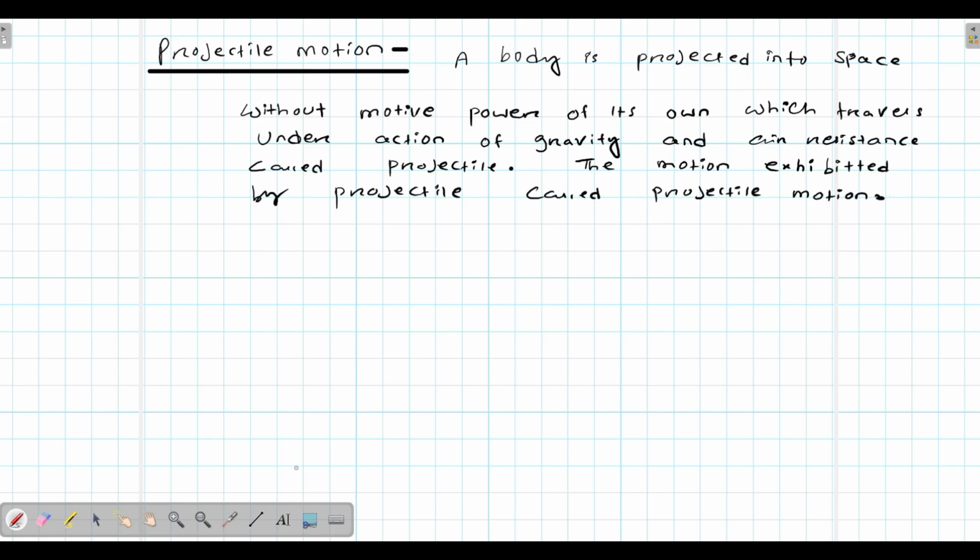A body projected into space without motive power of its own, which travels under action of gravity and air resistance, that is called a projectile, and the motion exhibited by a projectile, that is called projectile motion.